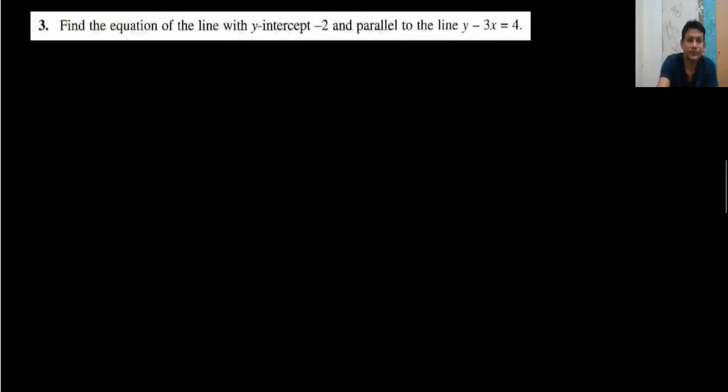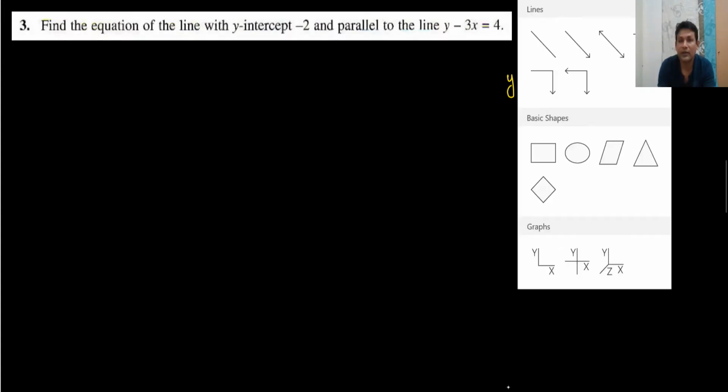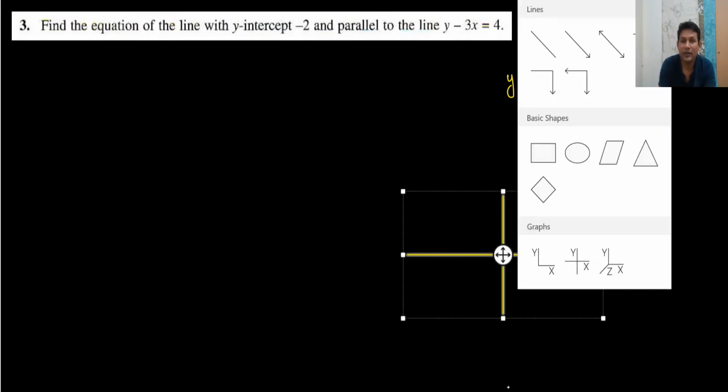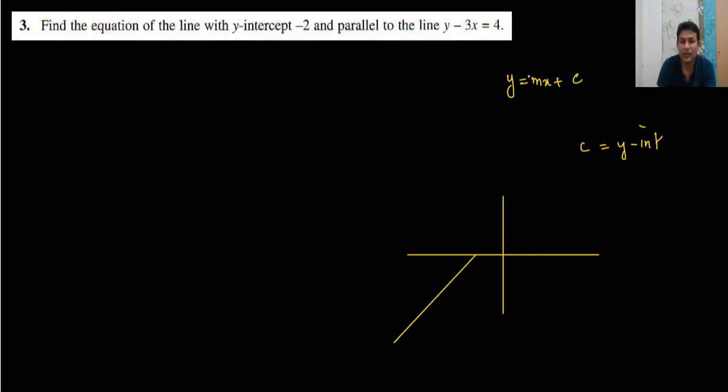Question number 3 is find the equation of the line. Okay, I have discussed with you y equals mx plus c, where c is the y-intercept. What do we mean by the y-intercept? For example, we have a straight line passing like this, and this is the equation.